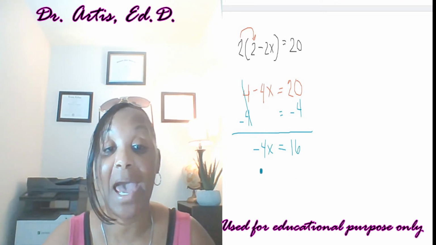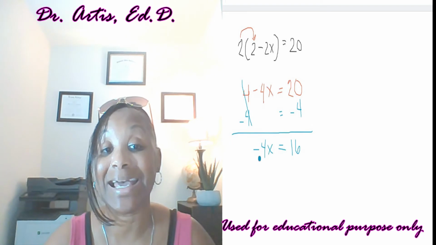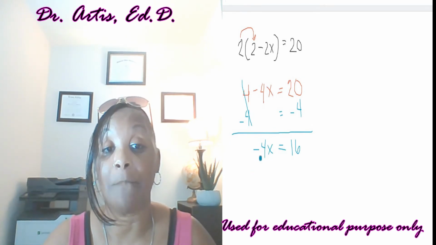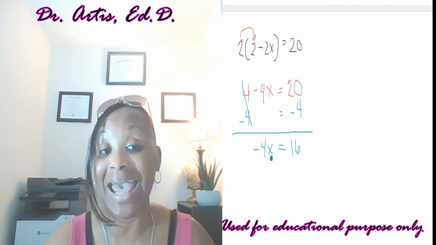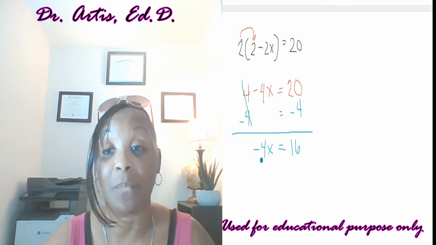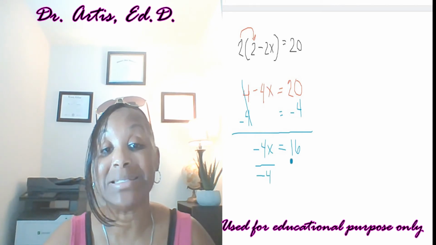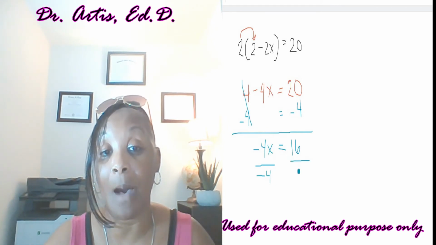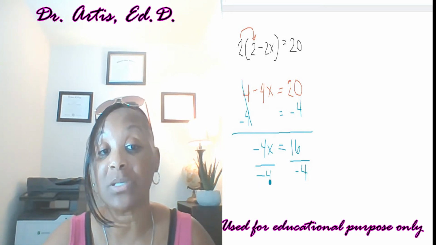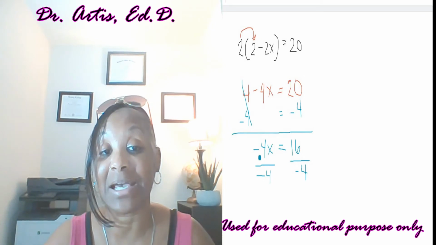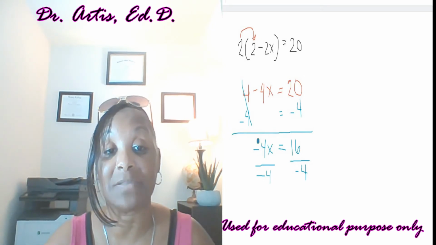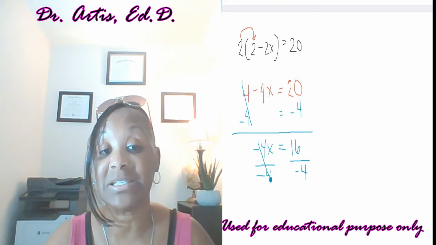Okay. And now what we have to do is get rid of this negative 4, all right? To do that, since we are multiplying a -4 times x, the opposite of multiplication is division, so we're going to divide by -4 here. What we do on one side, we must also do on the opposite side, so we have to divide by -4 here as well. These two 4s are going to self-eliminate because a -4 divided by a -4 gives us a +1.